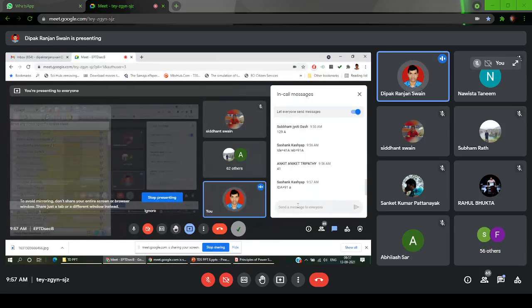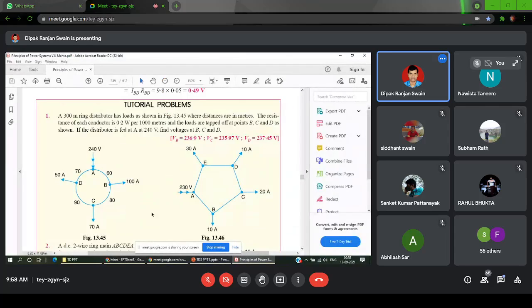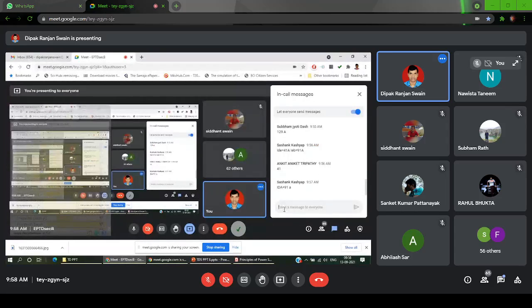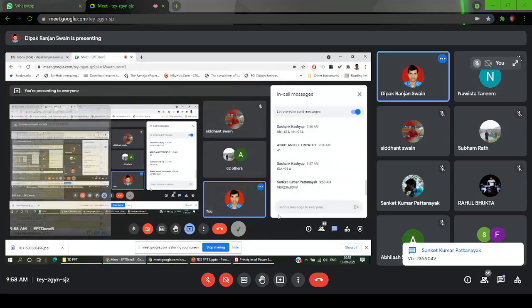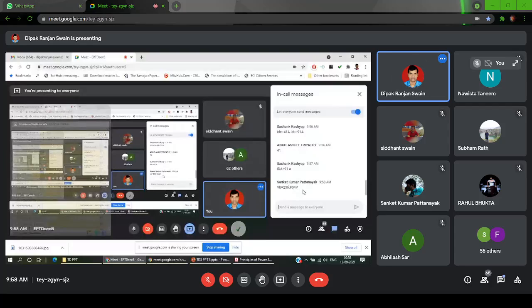So with those current, find out the potential of B, C, and D points. Correct. VB 236.9.